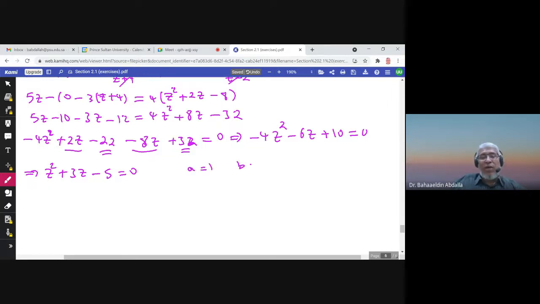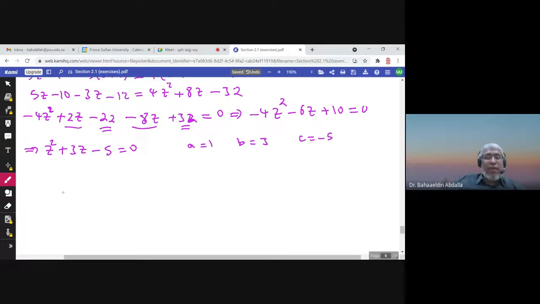A is 1, B is 3, C is negative 5. So the solutions would be z equals, because the variable here is z, negative B, so negative 3, plus or minus the square root of B squared minus 4 times A, which is 1, so no need to write it, times C, which is negative 5, over 2 times 1, which is 2.